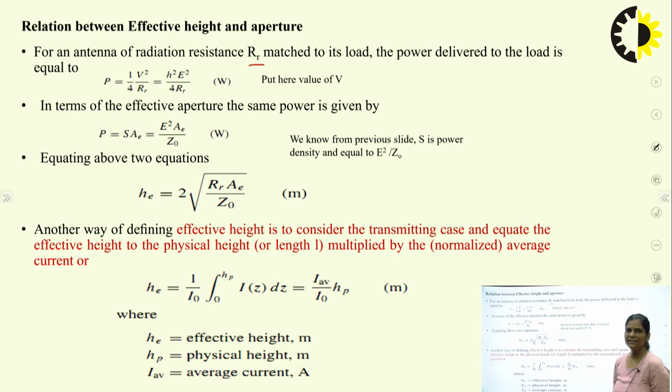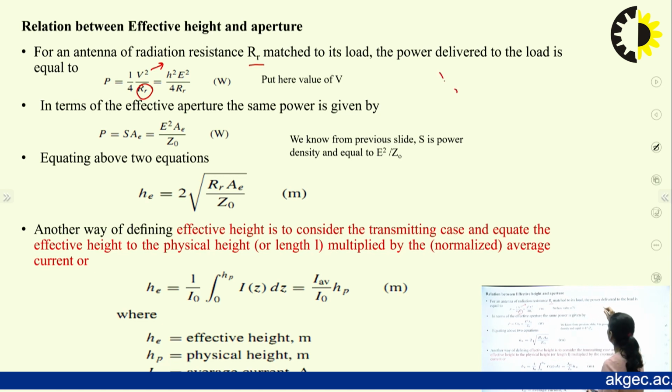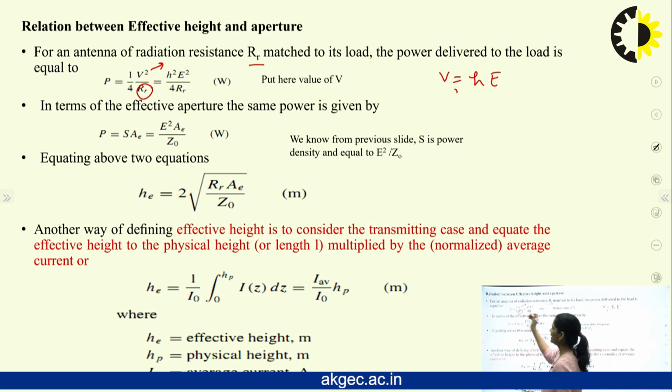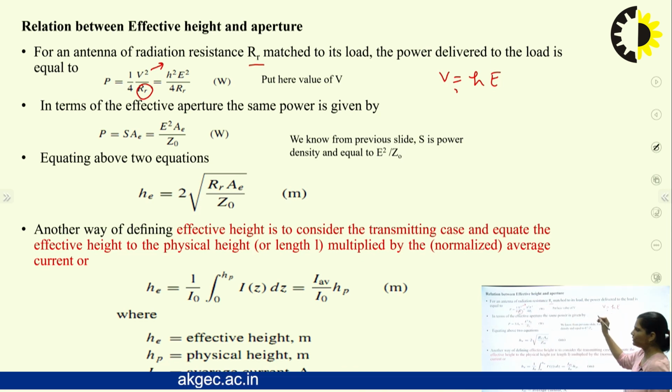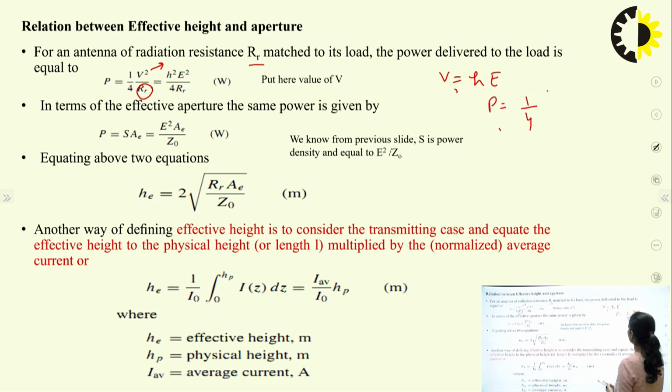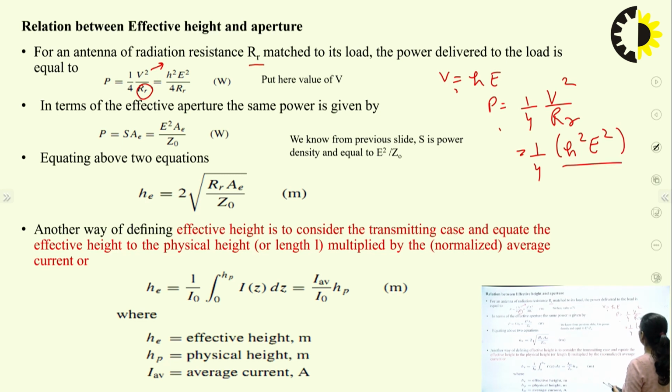Power delivered to the load is equal to 1 upon 4 V square upon radiation resistance. Here V is equal to HE times E. So putting in the value of V, power is equal to 1 upon 4 HE square E square upon RR.